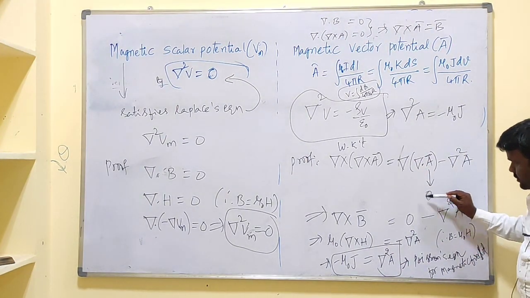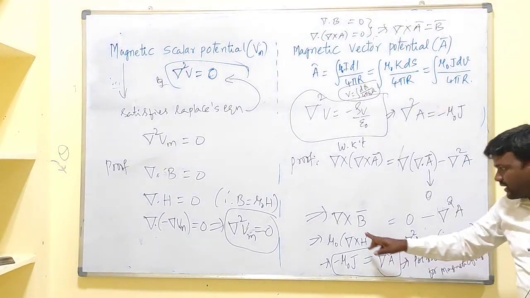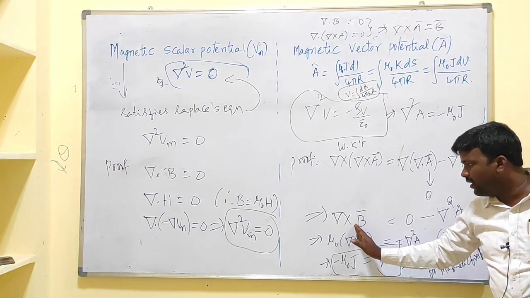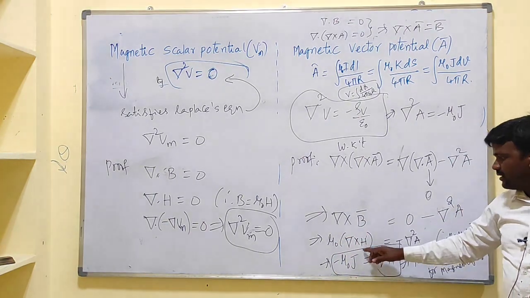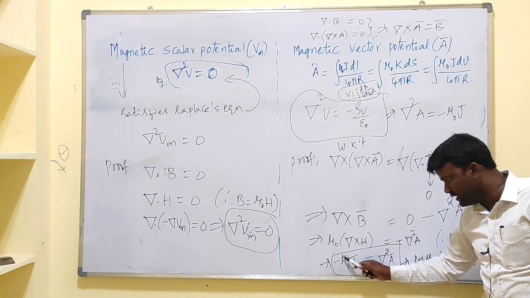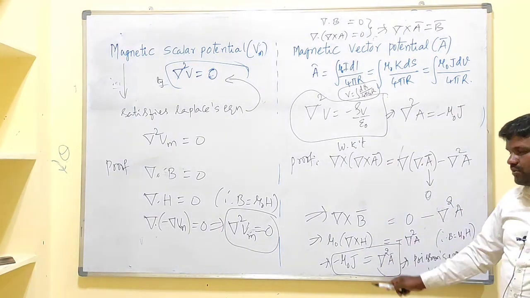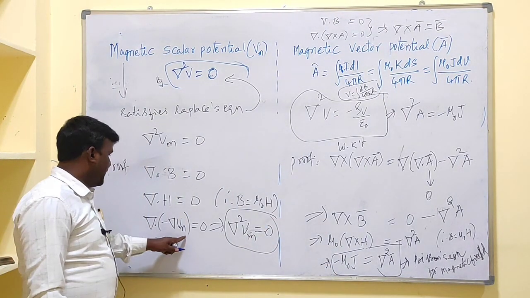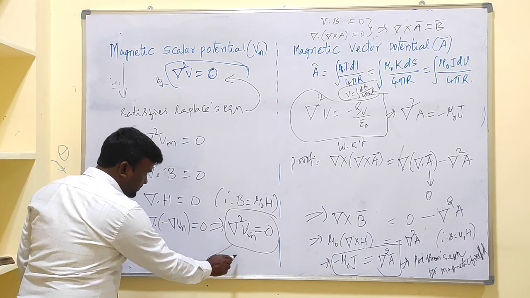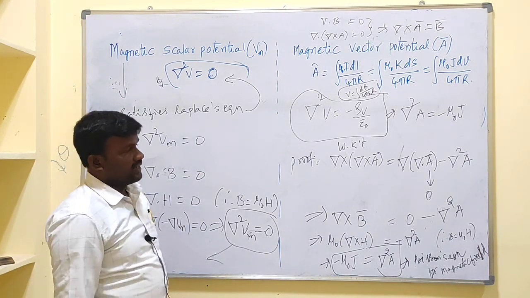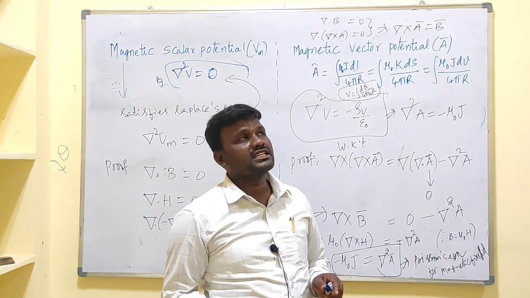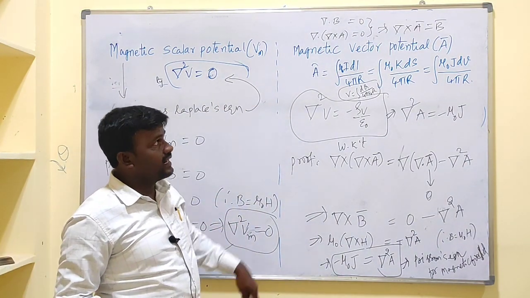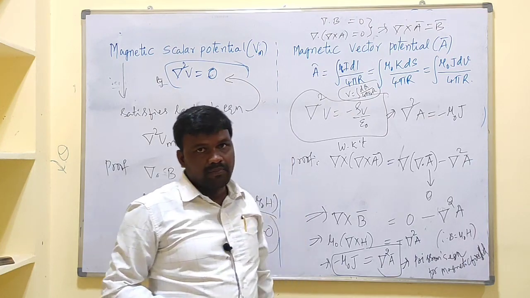As it is 0, this becomes 0 minus del square A, and del cross B can be written as mu naught into H. As mu naught is constant, we can write out of this curl mu naught del cross H. Del cross H is nothing but our J. So that is minus mu naught J, del square A equal to minus mu naught J. This is the Poisson's equation for the magnetic field, and this is the Laplace equation for the magnetic field. It means the magnetic scalar potential satisfies the Laplace equation, whereas the magnetic vector potential satisfies the Poisson's equation.